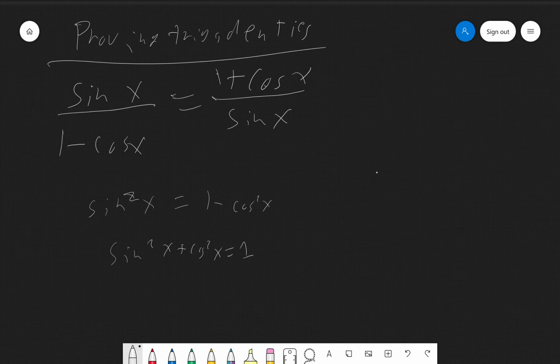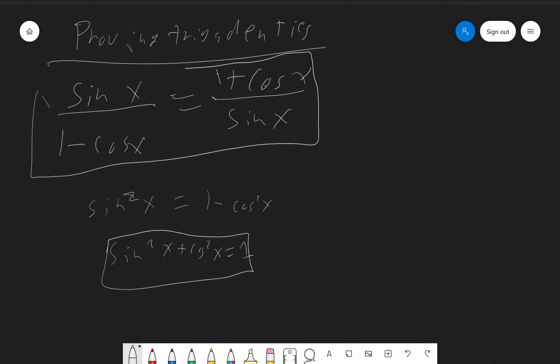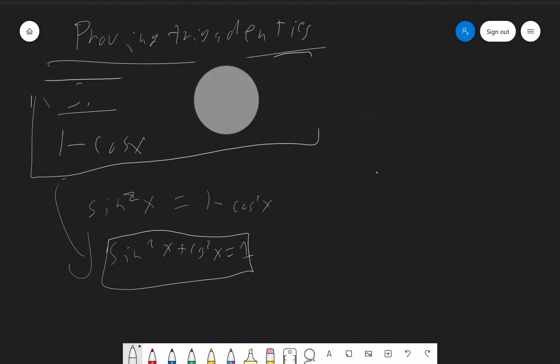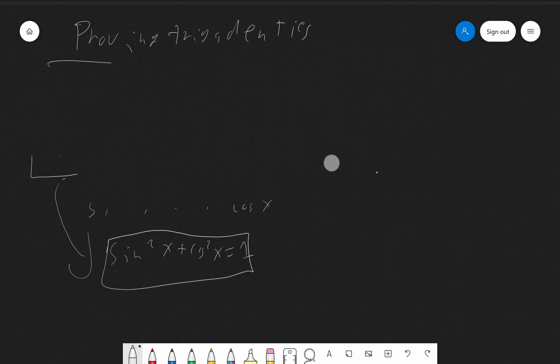And we know this. So our goal is to take a completely useless identity and manipulate it so that we get an identity that we know, and that's useful. Congrats, you solved a problem, hopefully.